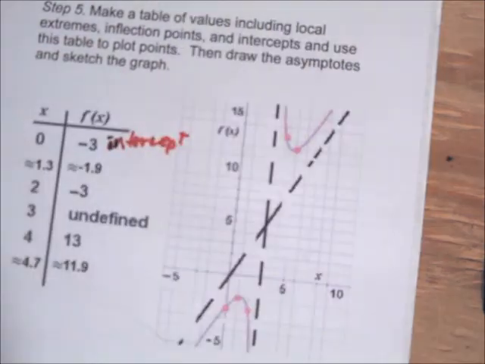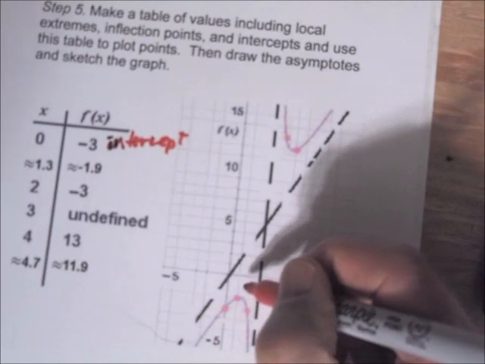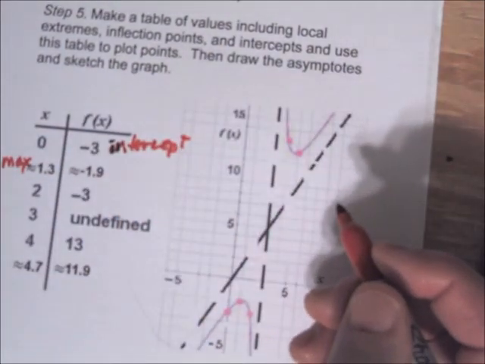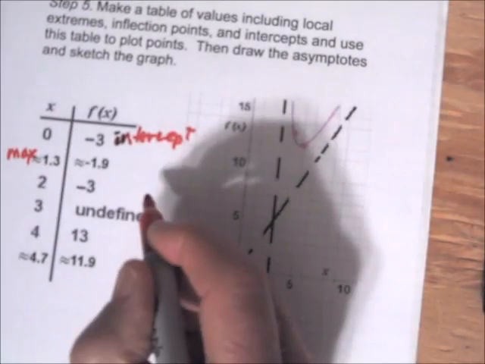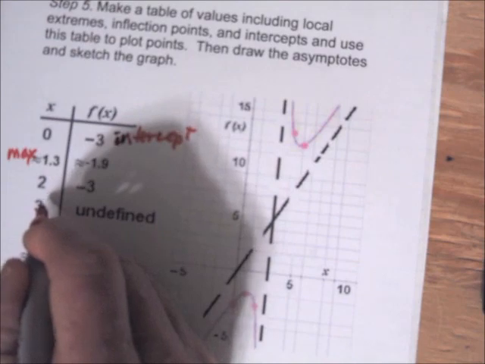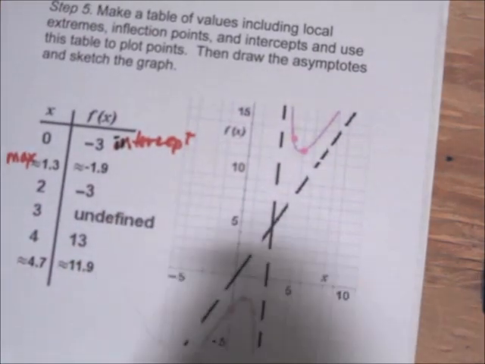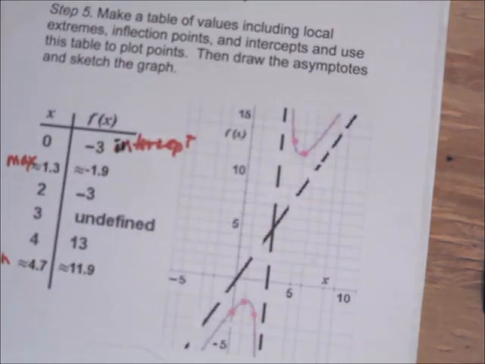We have the local max at approximately 1.3, and we have the vertical asymptote. This is of course undefined, and we have a local minimum. These are not absolute maximums or minimums, but they're local.